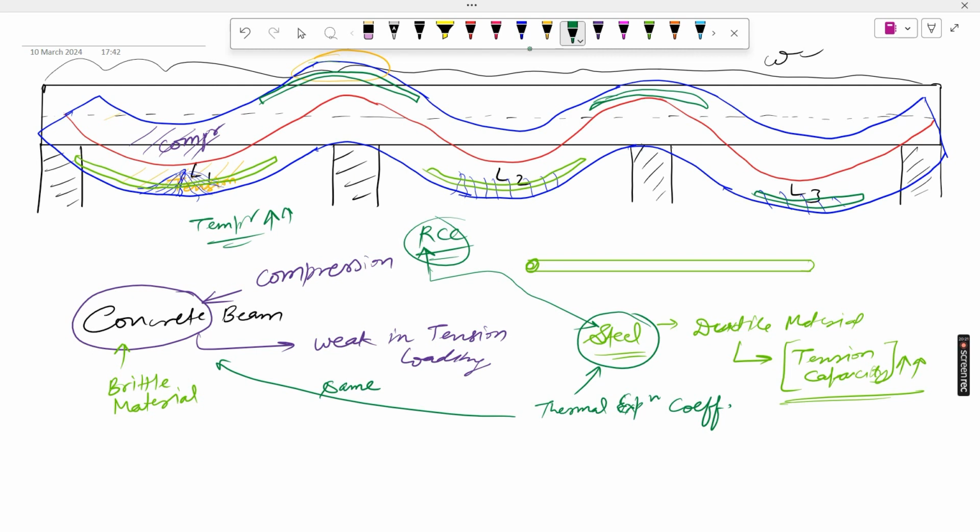If the concrete expands very little and another ductile material expands very high, they will lose their bond and the strength will decrease. That's why we take steel as the ductile material, and the brittle material is already concrete.